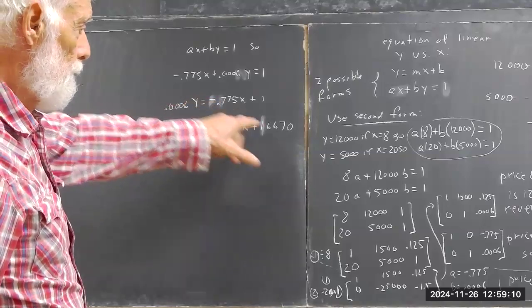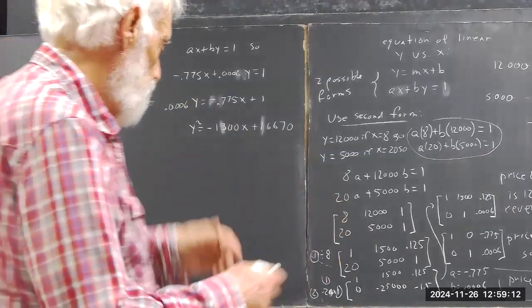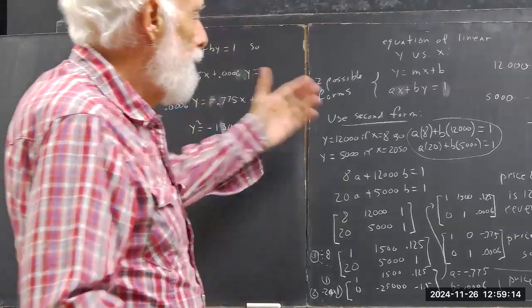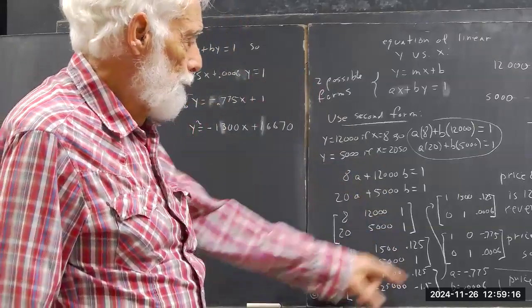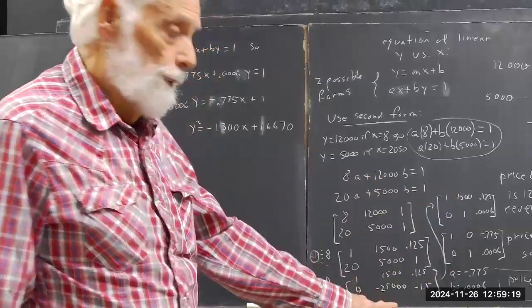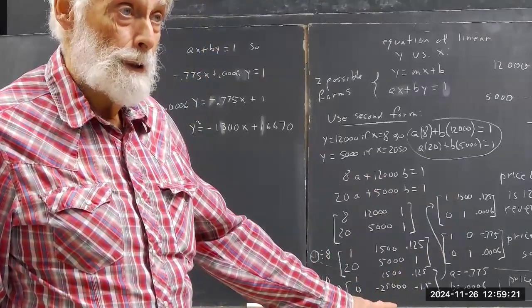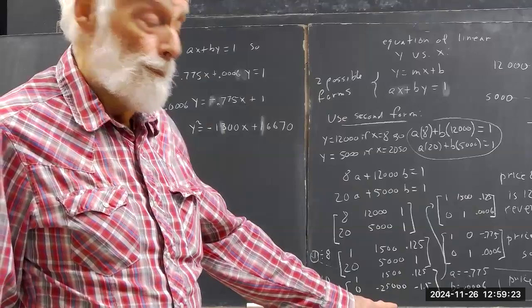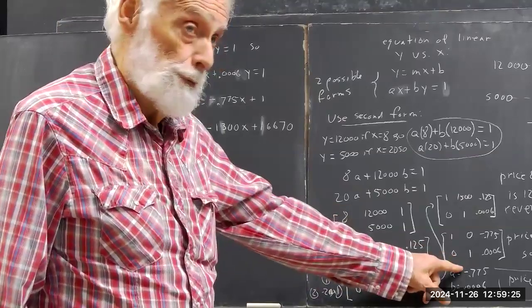So that number is a little wrong, so something went wrong over here. Right or wrong, something went wrong with some of my calculations. I did them kind of quick and in my head. You know how to reduce this matrix.